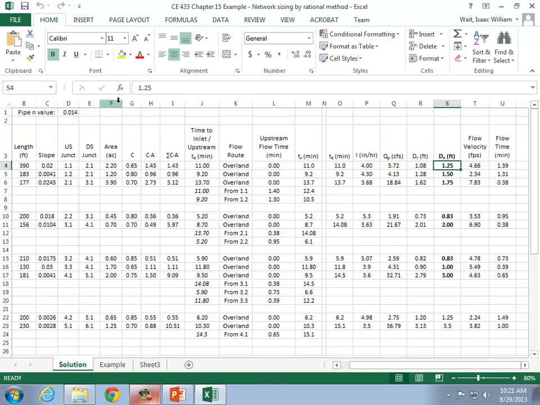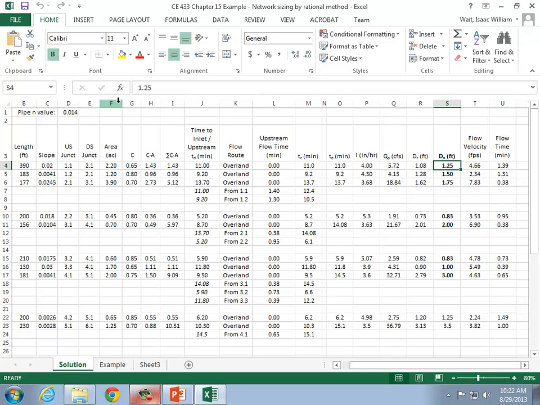Okay, so here we know the flow through the pipe, it's 1.3 minutes to travel through pipe B until it gets into pipe C, and then there was also the time over the surface, and so we add up the two and get 10.5 as the time of concentration via 1.2.